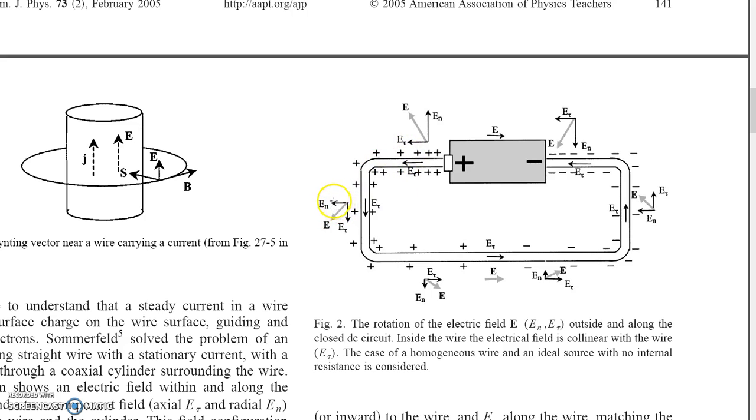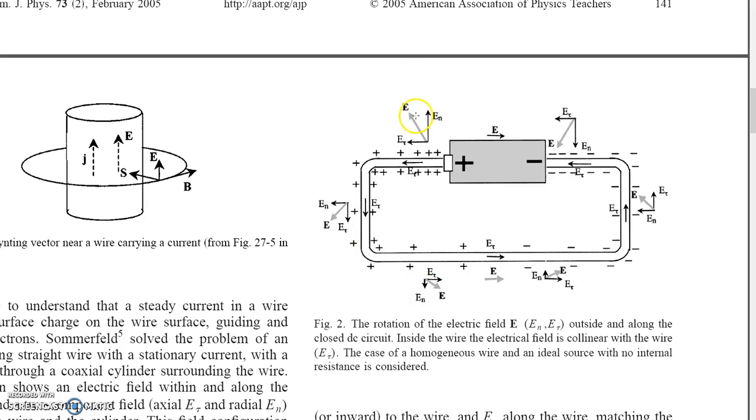But the perpendicular field is not constant. It varies according to the concentration of surface charge. So when we have a high concentration of surface charge, the perpendicular component is large. When we have a low concentration of surface charge, the perpendicular component is small.